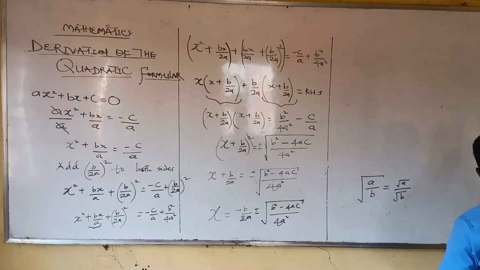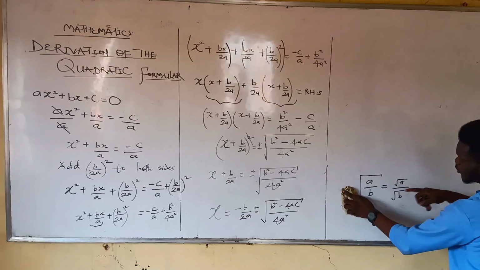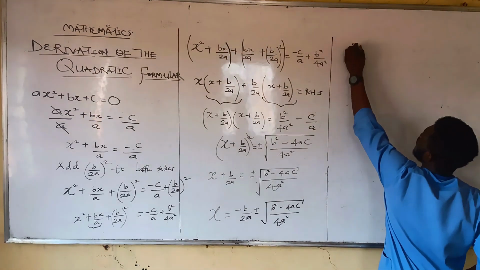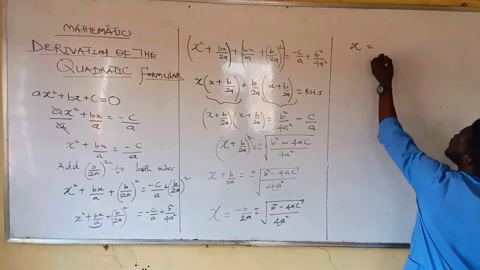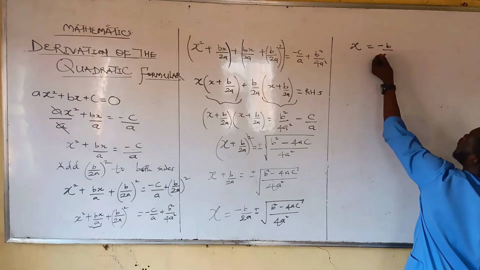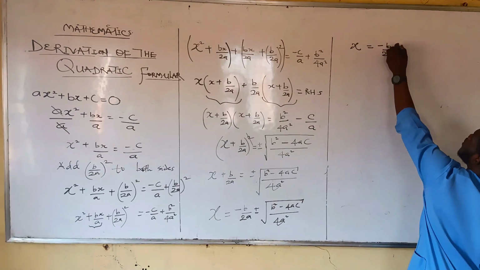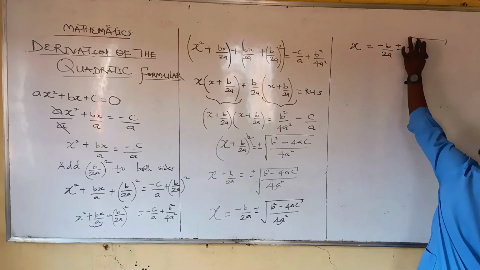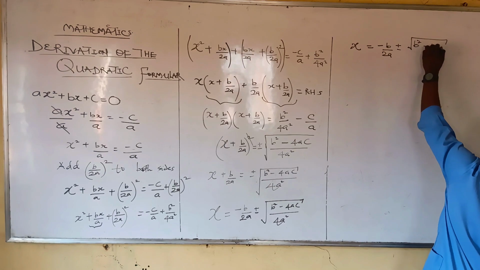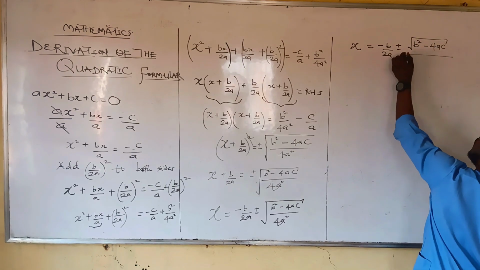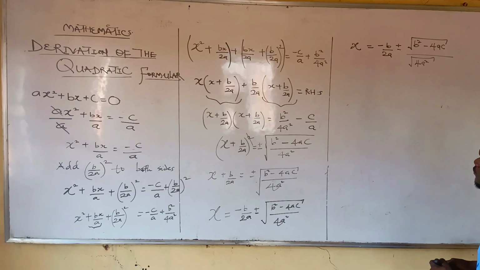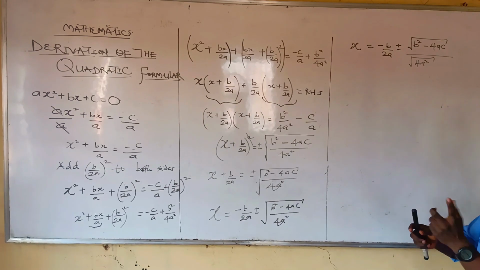You can break them just like that. So that's what we are going to do now to the right hand side of the equation. So we have x is equals to minus b over 2a plus minus the square root of b squared minus 4ac over 4a squared.